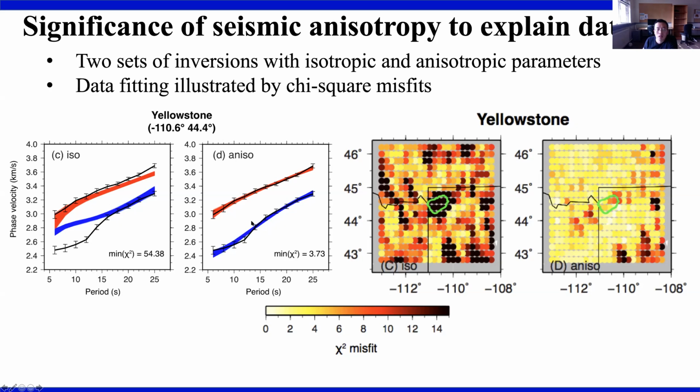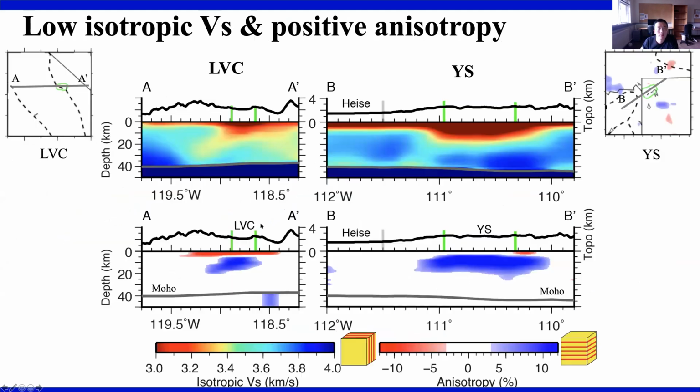But once you allow anisotropy to play a role, the misfit goes down to 3, which is significant, an order of magnitude improvement in the data fit. That indicates the anisotropy is significant beneath these two volcanoes.